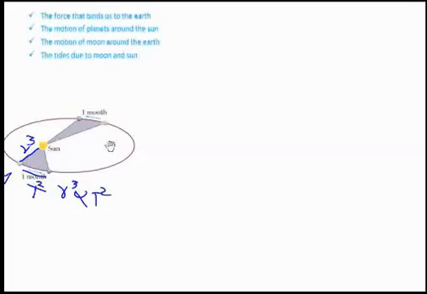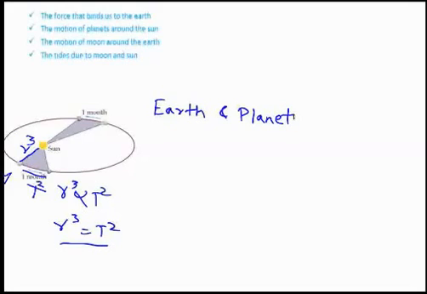Now, if we apply the same equation, that is, r^3 is proportional to t^2, this is Kepler's third law, to the earth and the planet, then we can say that rp^3 divided by re^3 is equal to tp^2 divided by te^2.